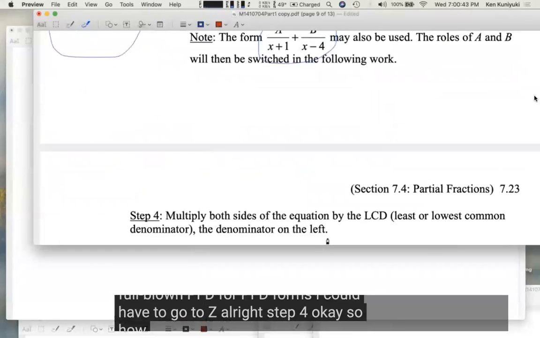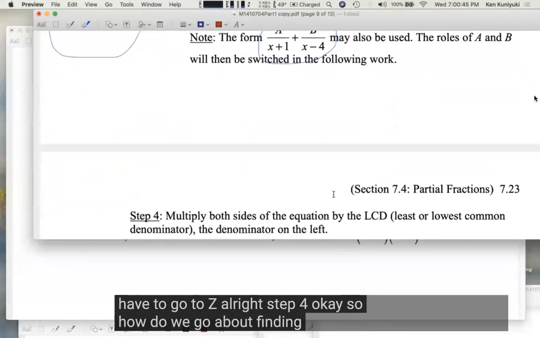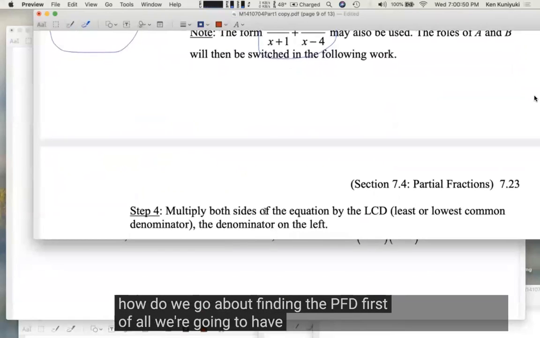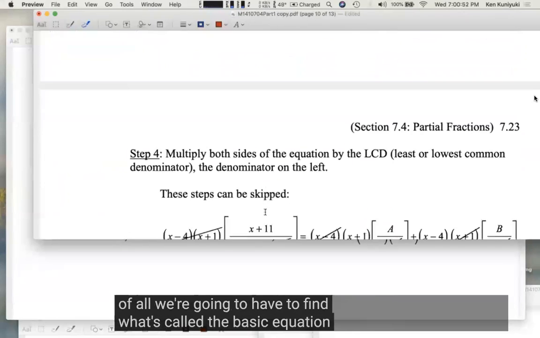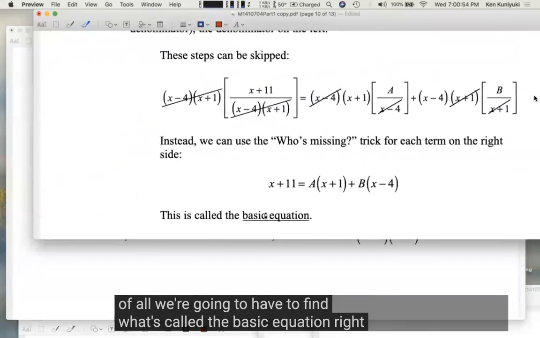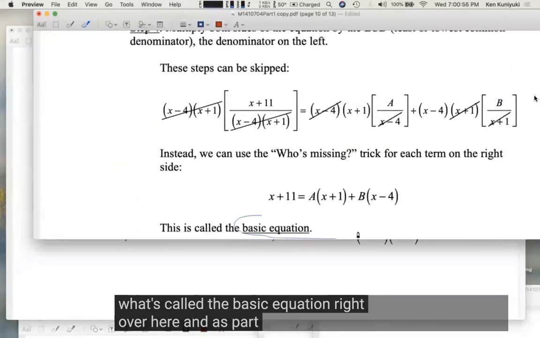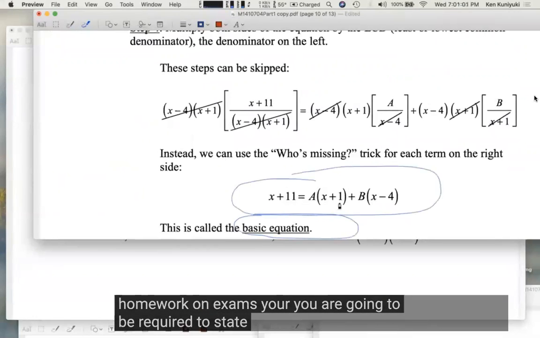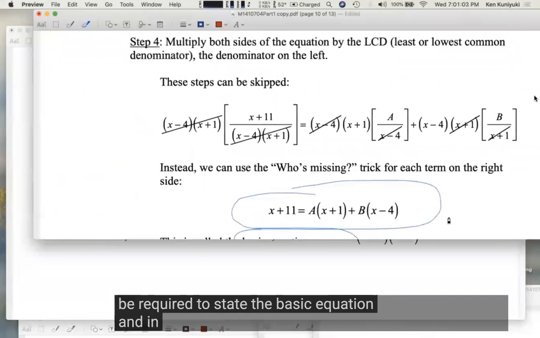Step 4. Okay, so how do we go about finding the PFD? First of all, we're going to have to find what's called the basic equation. Right, over here. And as part of your work on homework and exams, you are going to be required to state the basic equation.